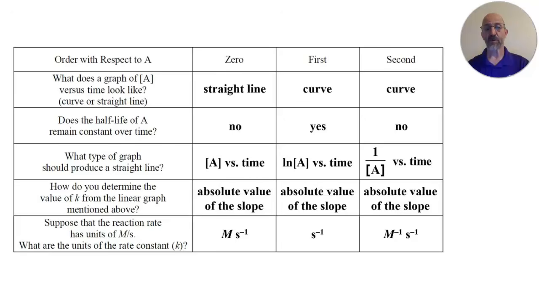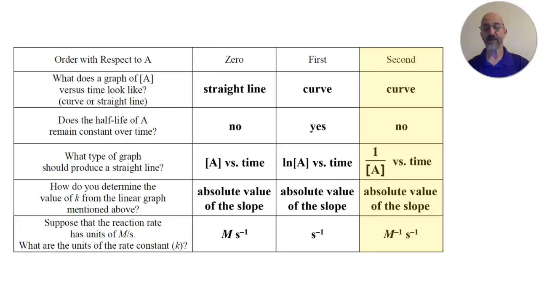So 0 order, what does a graph of concentration versus time look like? It's a straight line, whereas first order and second order is a curve. And then it talks about half-life, where only first order has a constant half-life. And then the next row of the table says what type of graph should produce a straight line. And so if we get a linear plot for the reciprocal of concentration versus time, then we can say that this would be second order with respect to that reactant.